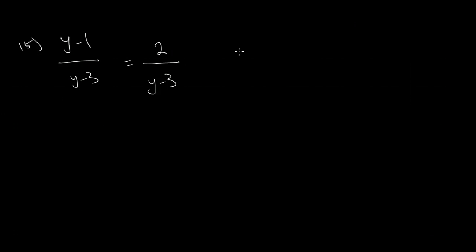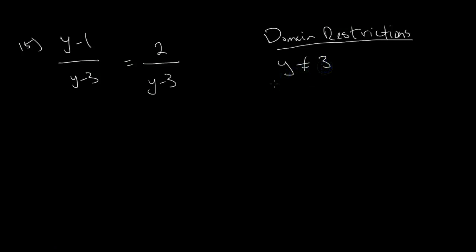Now, taking a look at it, remembering about domain restrictions, we know that y cannot equal 3, because if y were 3, 3 minus 3 is 0, and that's not possible.